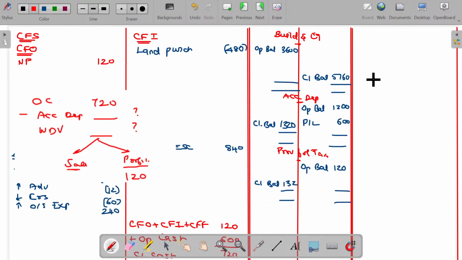Original value of the asset 720. Accumulated depreciation on the asset sold. After subtracting, this is the WD value. Sold and the cash realized, but we are sure that there is a profit on sale. The profit on sale in this case being 120.